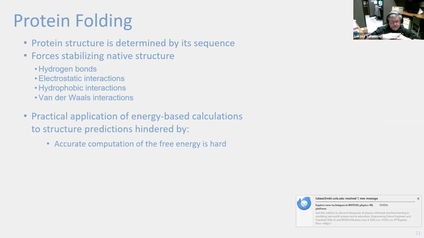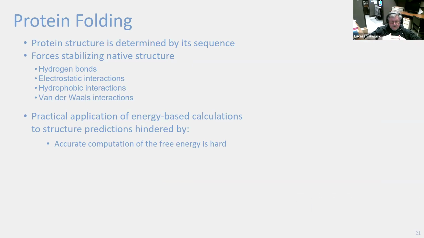the problem is, as I mentioned, getting an accurate estimation of the energy of the protein chain is hard, to a large extent because the structure of proteins is driven by not only discrete interactions between charge groups or partial charges in the case of hydrogen bonds, but there's also a large contribution from the solvent, and modeling the interaction of water with proteins is pretty hard.